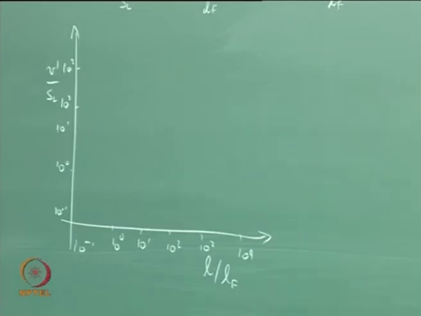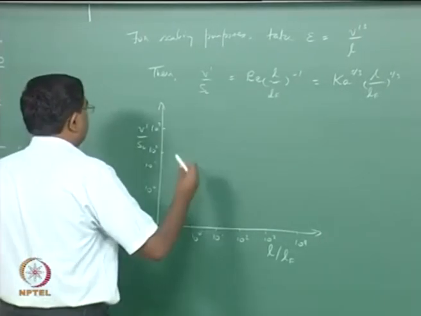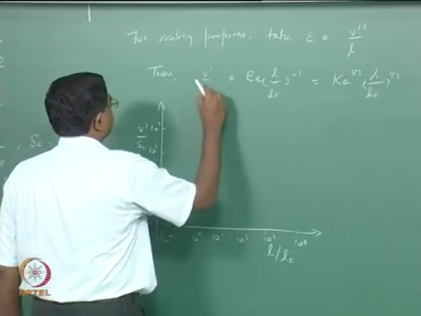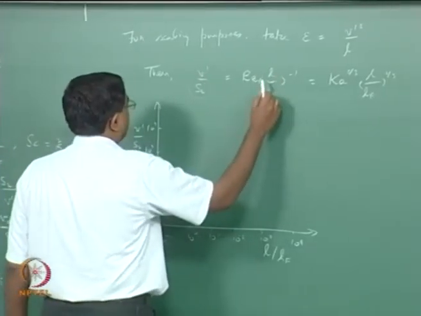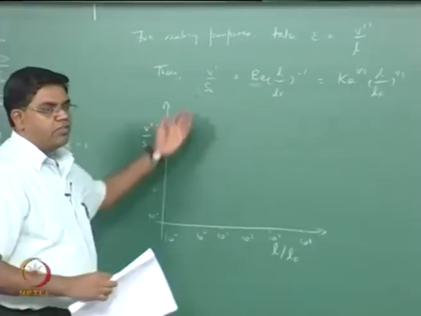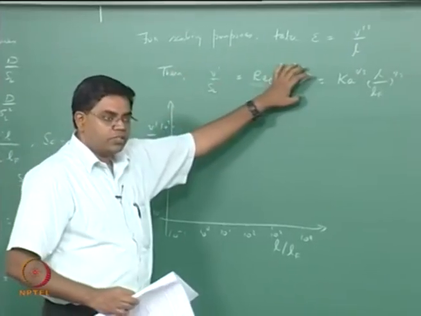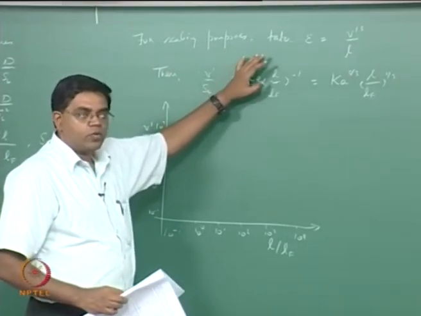And what we want to point out here is that the relationship between V prime over SL and L over LF through the Reynolds number is an inverse relationship. That is, this goes as 1 over that, with the Reynolds number as a coefficient.